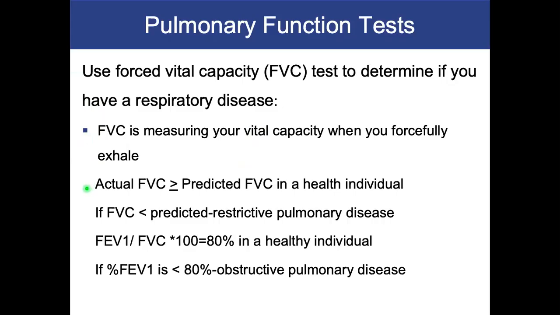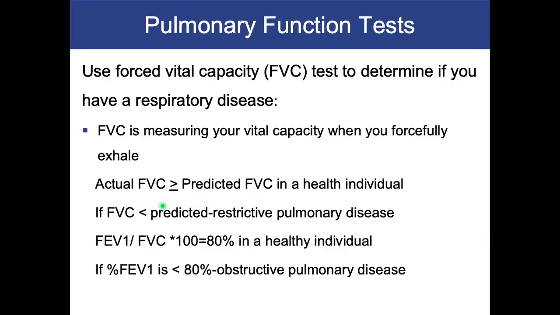So when you go in for respiratory tests, or if we did this for lab, we would put in a person's parameters: age, weight, height, gender, and ethnicity. And that would give us predicted values. The computer has an algorithm that would come up with your predicted vital capacity.